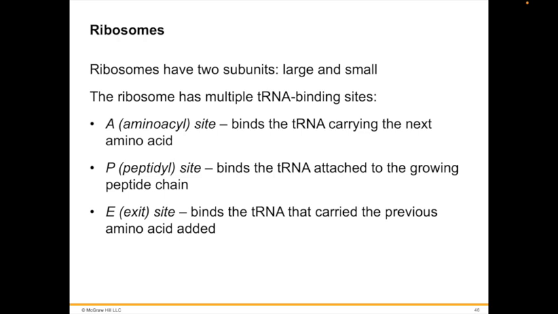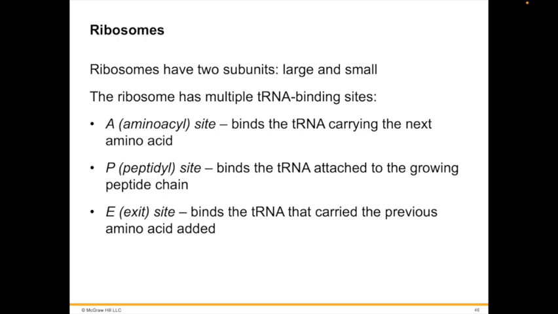The synthesis of any biopolymer can be broken down into initiation, elongation, and termination. You have seen this division for DNA replication as well as for transcription. In the case of translation or protein synthesis, all three of these steps take place on the ribosome, the large macromolecular assembly consisting of RNA and proteins.